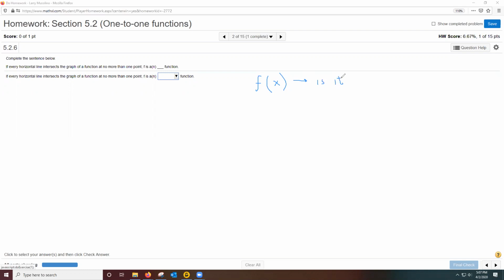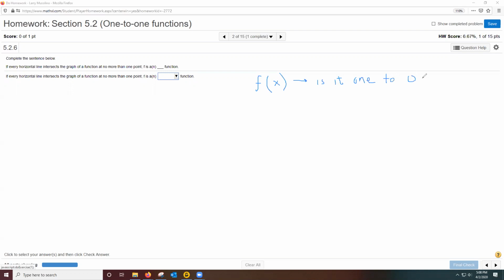One-to-one means every x value matches up with a given y value, and that y value matches up with an x value. It's like a one-to-one mapping. There's no case where there's a repeated x or repeated y if you were to list out the ordered pairs for the function. So we want to know, is it one-to-one?